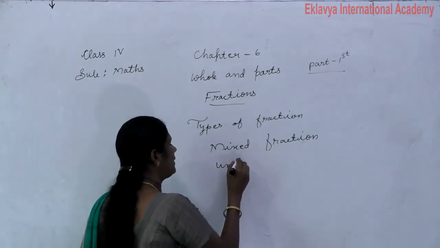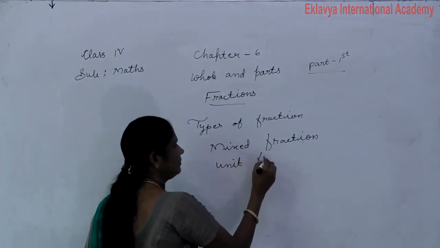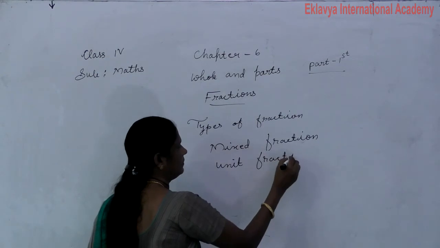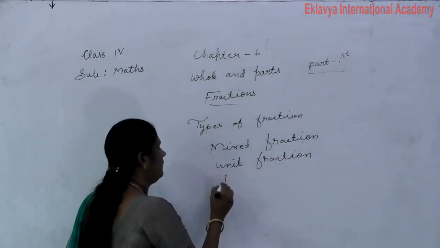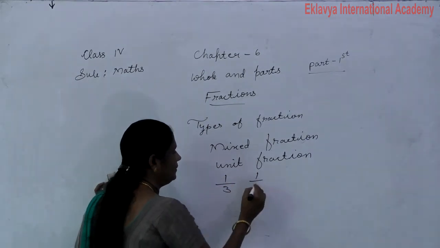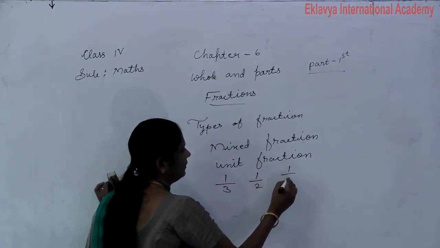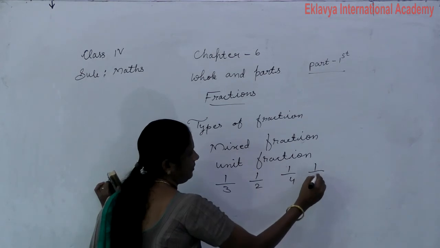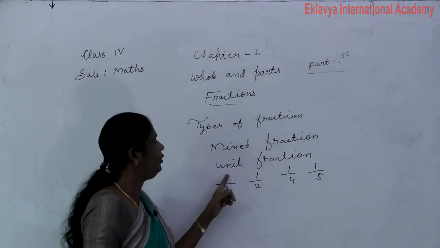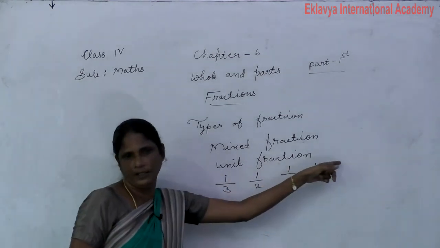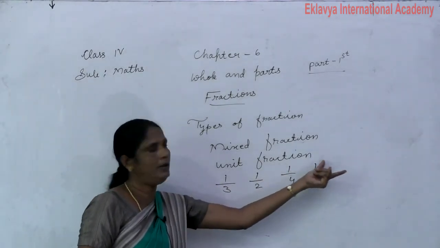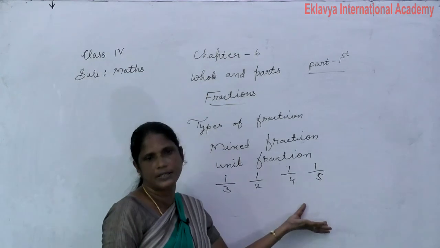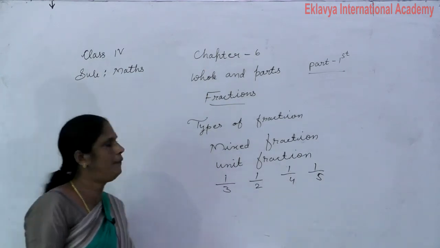Unit fraction. When the numerators are 1, that fraction is called unit fraction.